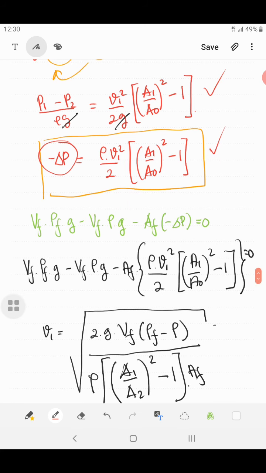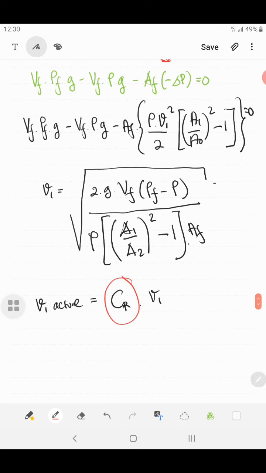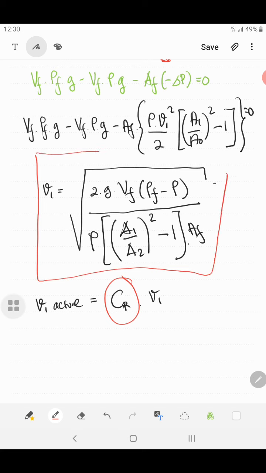Kalau sudah, baru delta P-nya kita masukkan ke persamaan neraca gaya tadi, ketemu persamaan V1 sama dengan akar dari 2g volume float dikalikan (rho float dikurangi rho) dibagi dengan rho dikalikan ((A1 per A0) kuadrat dikurangi 1) dikalikan dengan luas area dari float. Bukan A2 nih, ini harusnya A0.